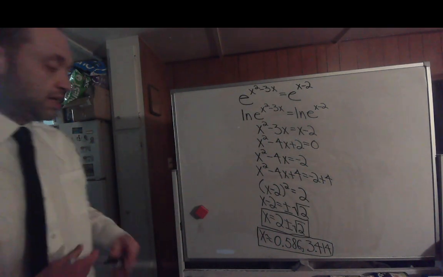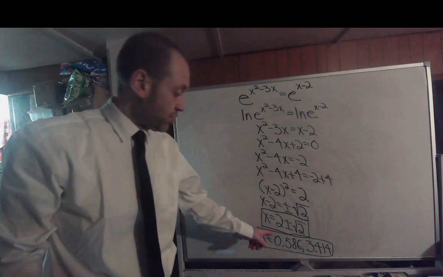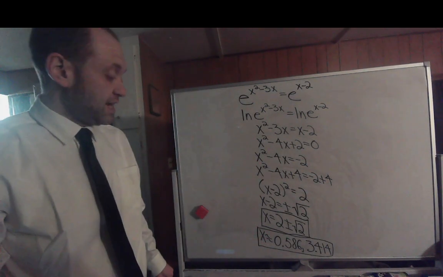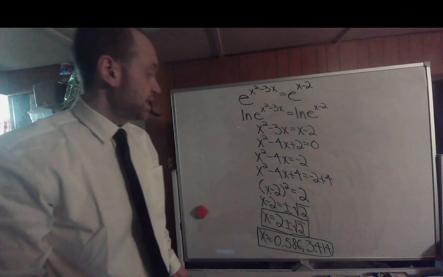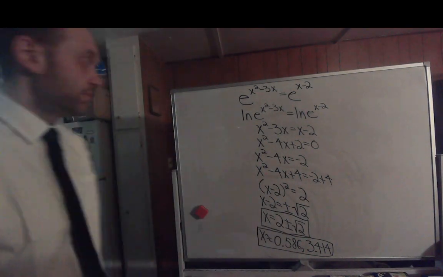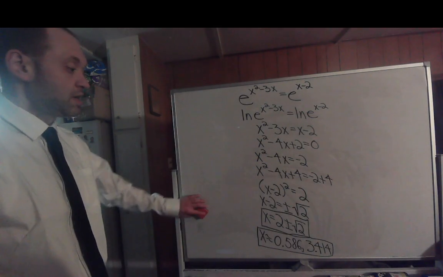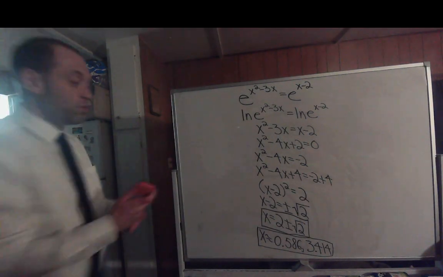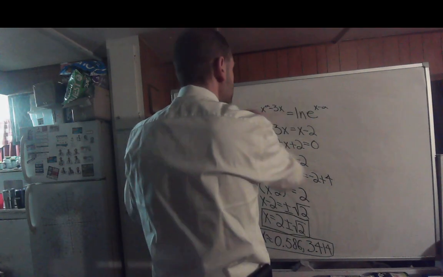So your two solutions are going to end up being x equals approximately 0.586 and approximately 3.414. All right. We have two more that both involve extraneous solutions.